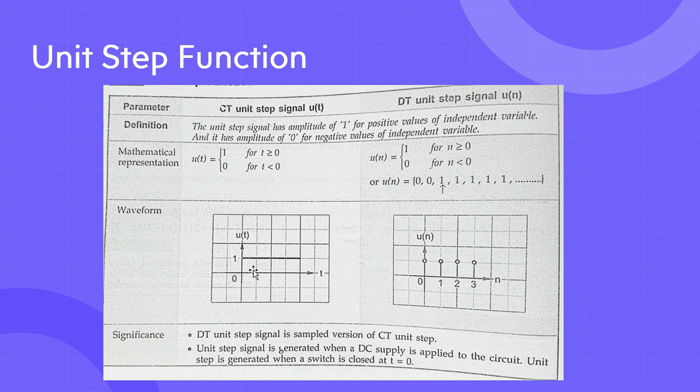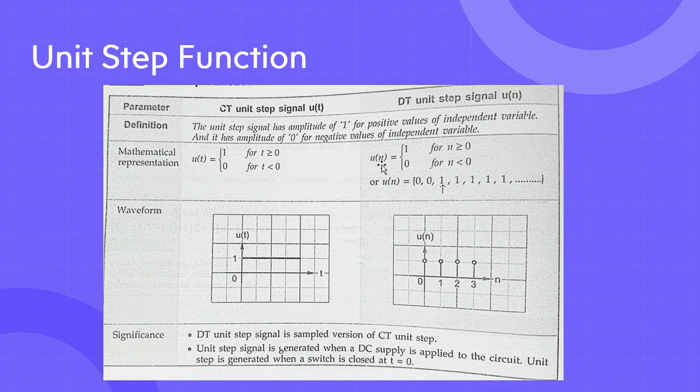It will not go in between 0 and 1. It cannot be 0.5 or something, unless you multiply it with 0.5, right? And how do we represent the unit step signal as a discrete time signal?